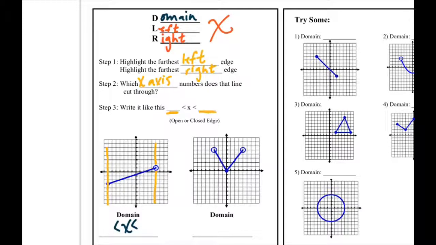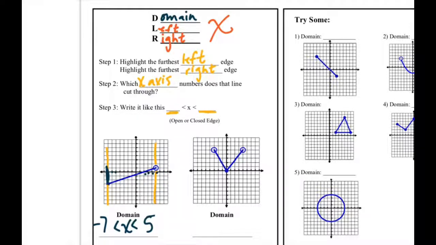The furthest left x value is right here: 1, 2, 3, 4, 5, 6, 7, so -7. My furthest right edge is 0, 1, 2, 3, 4, 5, so +5. So my x's, my domain, live between x is -7 all the way to x is +5.